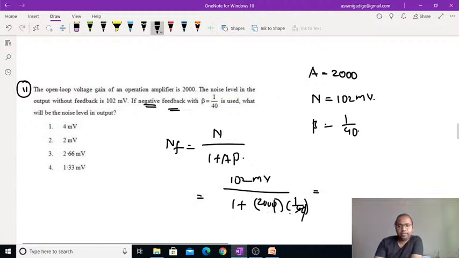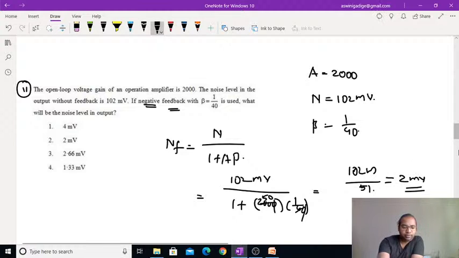So this one cancels and you get 50. So you will get 1 or 2 milli divided by 51. Okay, it becomes equal to 2 millivolts, right? Clear? So the correct option is 2 millivolts.